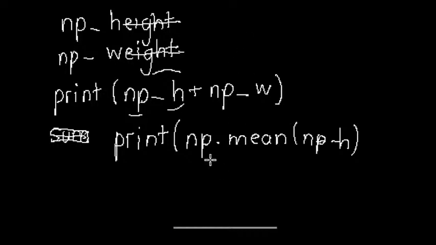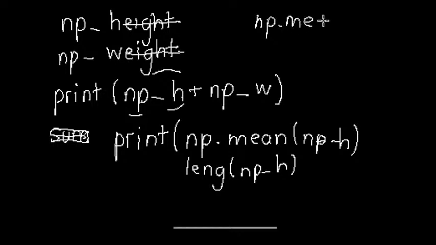We can even check the length of NPH. We can check out the median, so that would be np.median, and then whatever your variable is of the median that you want to check.